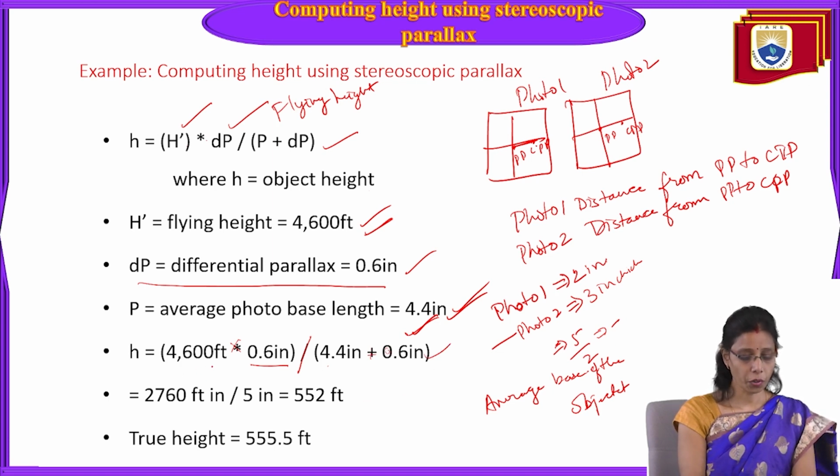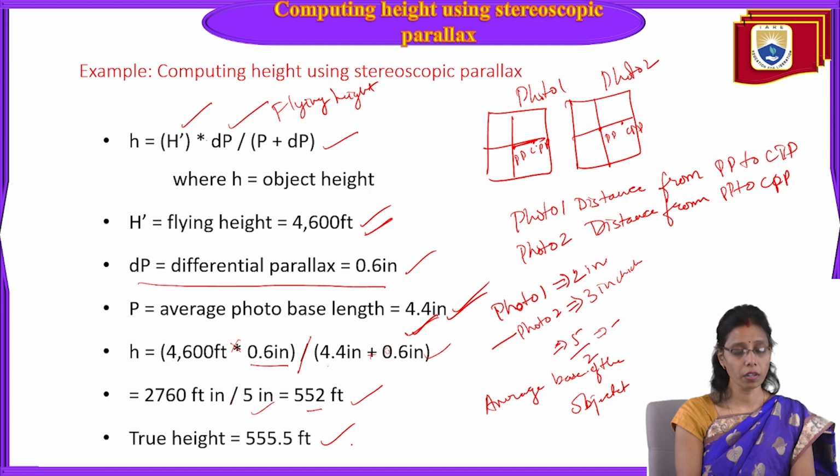Okay, so 4,600 feet into 0.6 inches divided by 5 inches is equal to, we get 552 feet, and the true height will be 555.5 feet.